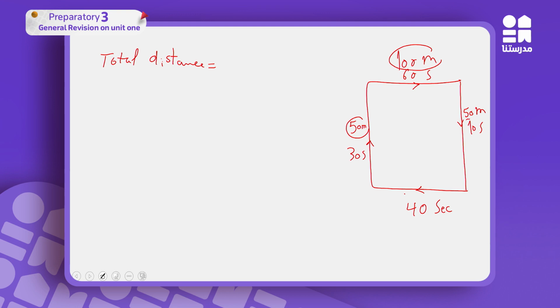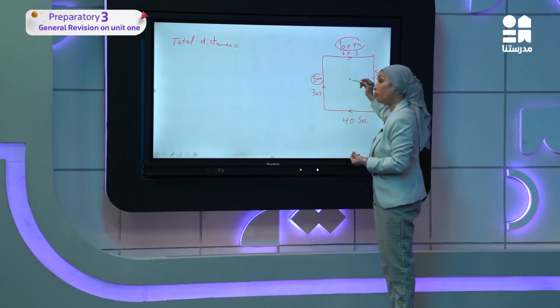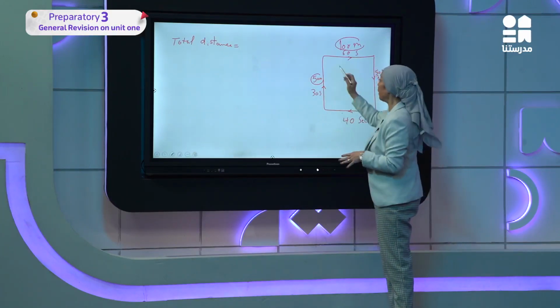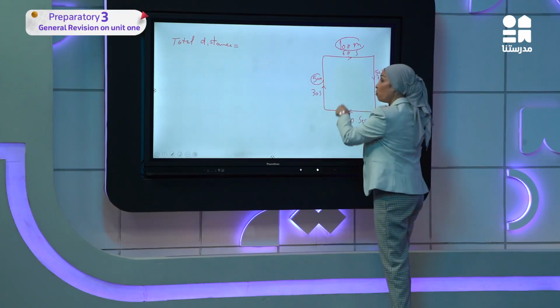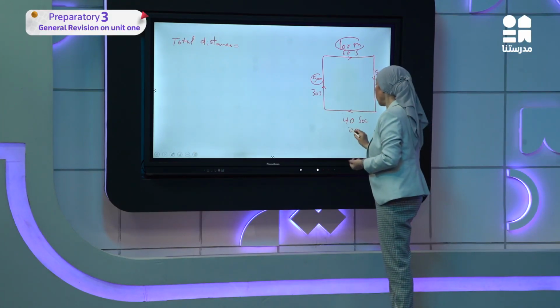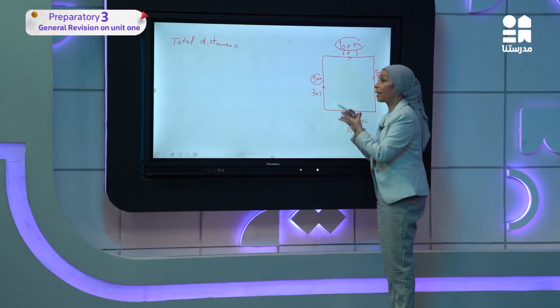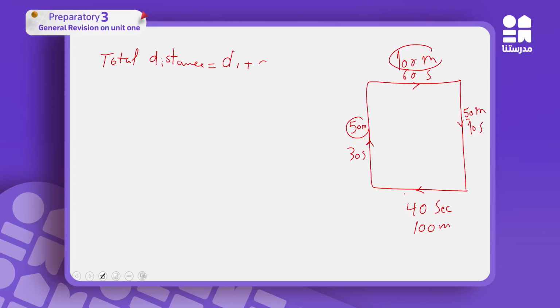We might say there is no fourth distance, but here I have a shape we took in geometry, a rectangle. In geometry we learned that the two parallel sides in a rectangle should be equal. So the distance the racer moved from here to here is the same as from here to here, because he moved in a rectangular shape. So I have another covering distance here of 100 meters. So easily I can count all the distances now: D1 plus D2 plus D3 plus D4.